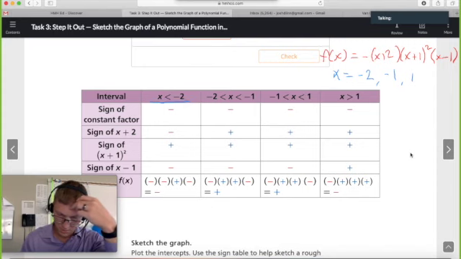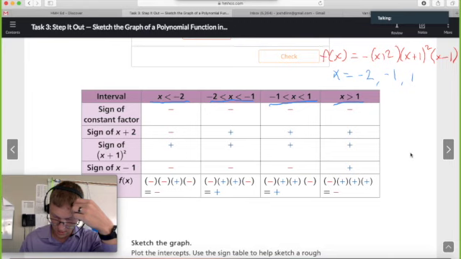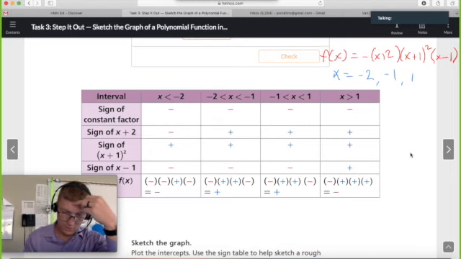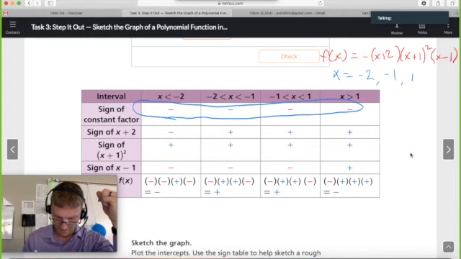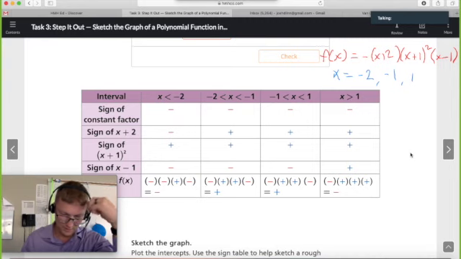There you are. -2 to -1, -1 to 1, and then greater than 1. So those are going to be our things we're working with. So our sign of a constant factor, so our constant factor here is -1, so they're going to do negatives all the way across. Okay, done. That's the easy part.